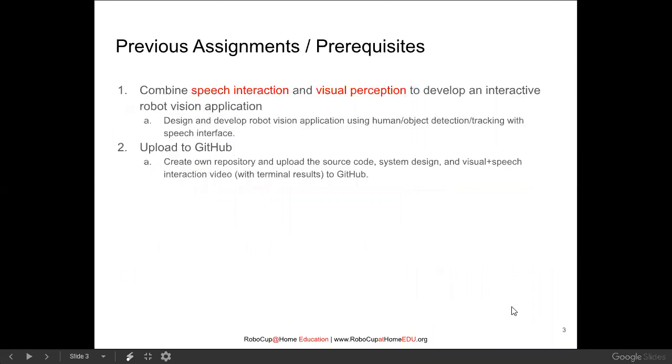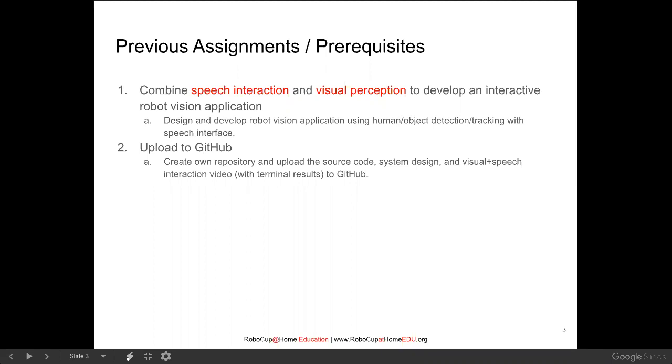Okay, so from last week's assignment, we talked about how to combine the speech interaction, which is the speech synthesis and also the speech recognition, so that you can interact with the machine or with your robots using voice.